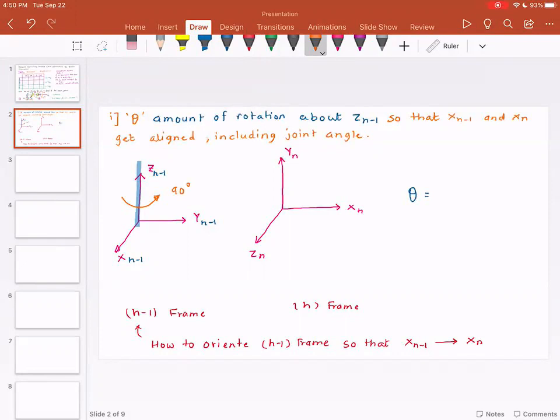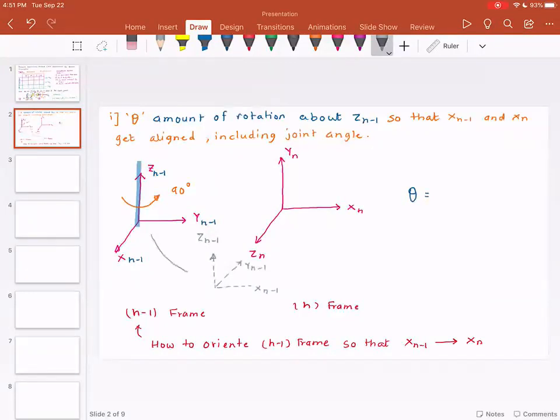When I perform this rotation, Zn minus 1 stays the same, and this becomes Xn minus 1, and this becomes Yn minus 1.